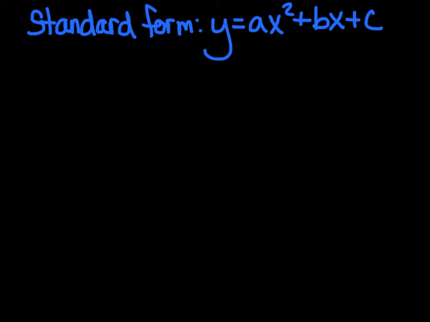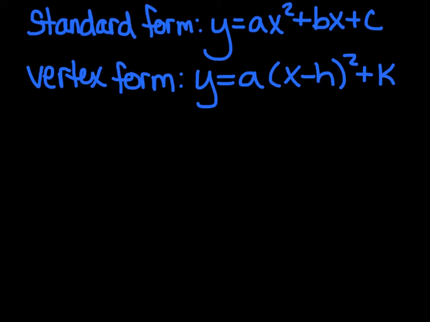So just as a quick review, yesterday we talked about standard form being y equals ax squared plus bx plus c. Vertex form looks like this. Your parent function is y equals x squared, and then we're applying transformations to that. You have this a value here, you have this minus h in here, and you have this plus k here.